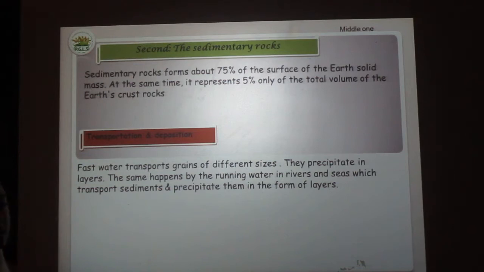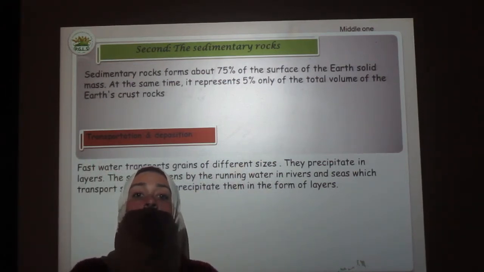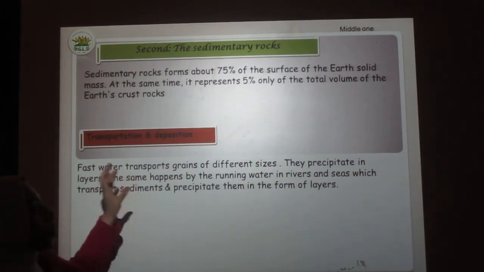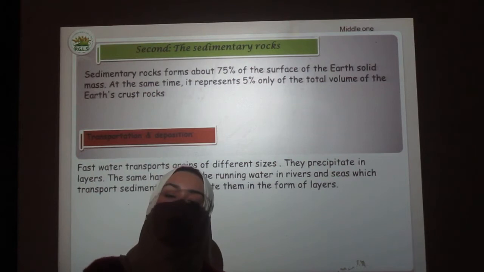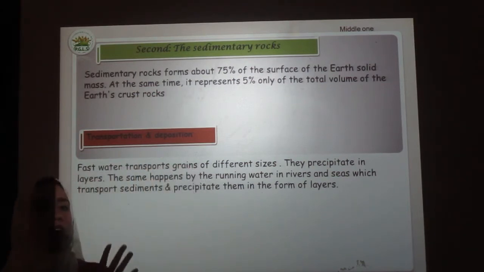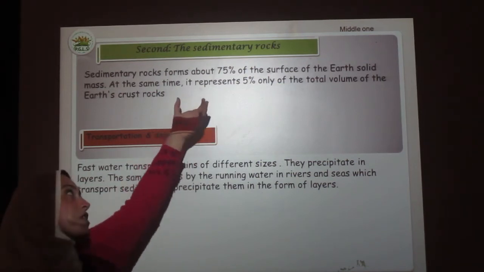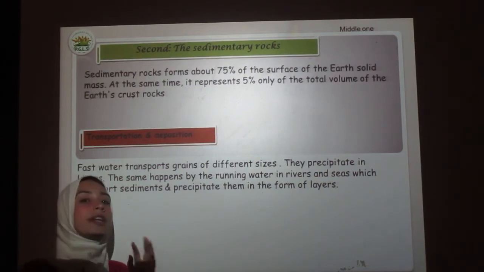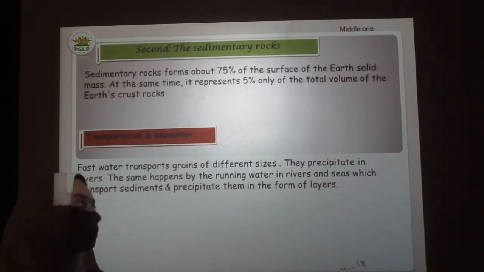Again, what does it mean? Its mass: 75% of the mass of all rocks in the Earth is related to sedimentary rocks, while its total volume from all the volume of the Earth takes only 5%. Concentrate on it and differentiate between them. Its mass is about 75%, while its volume takes about 5% only.